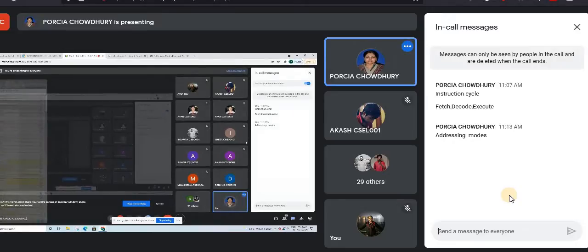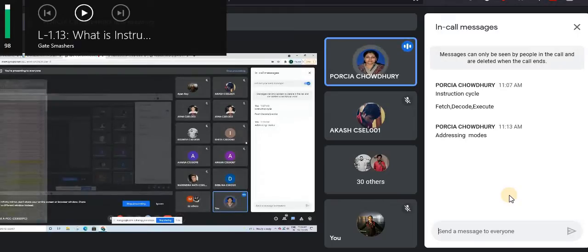So the way you can fetch an operand from a specific location, those different ways will be termed as addressing modes. There are 12 different ways you can fetch an operand from a specific location or address.